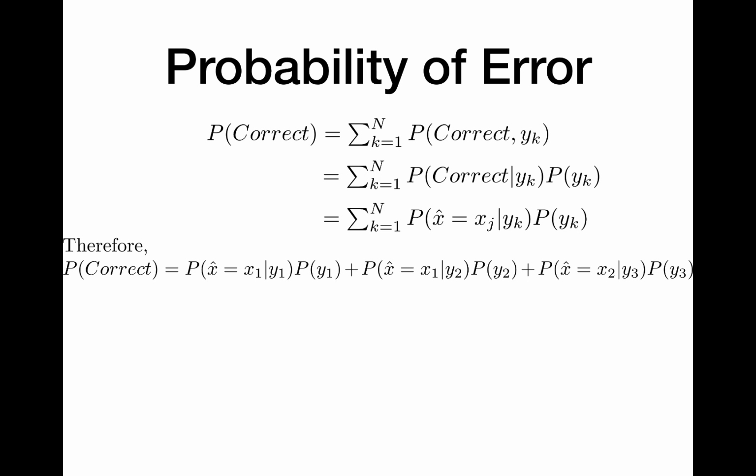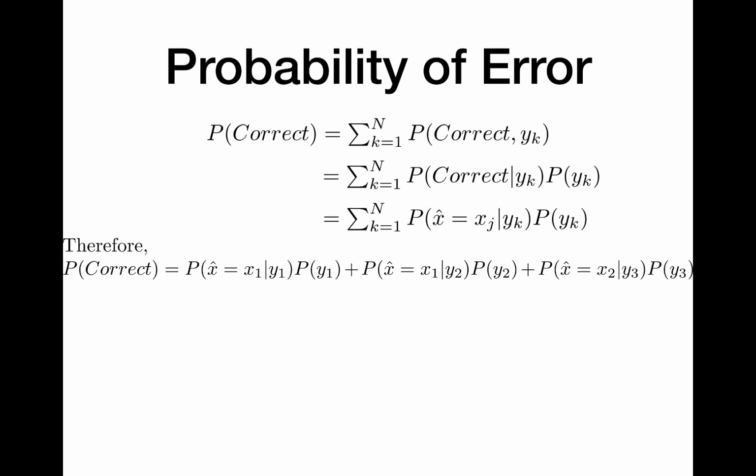So when y1 is observed at the output, the optimum decision was hard to make, so we actually chose x1 in this case, but you can choose x1 or x2 because it was hard to choose, as you saw in the previous two cases, both for ML and MAP. Then for y equal to y2, you have the optimum decision x hat equal to x1. So I will calculate the probability of x hat equal to x1 given y2 times the probability of y2.